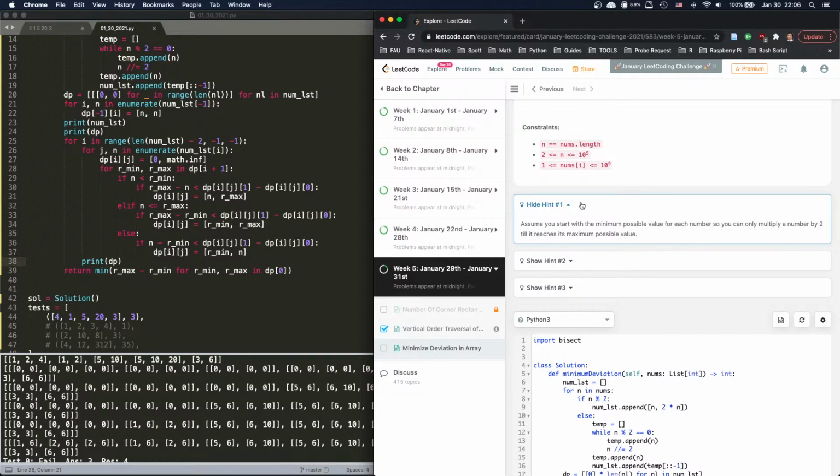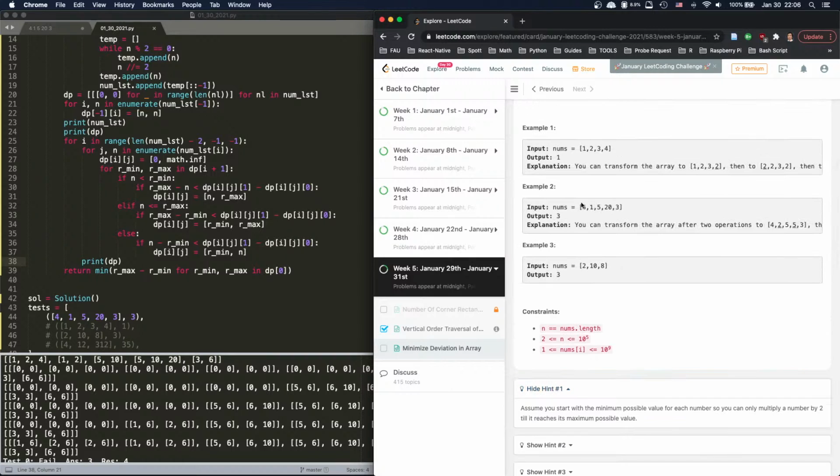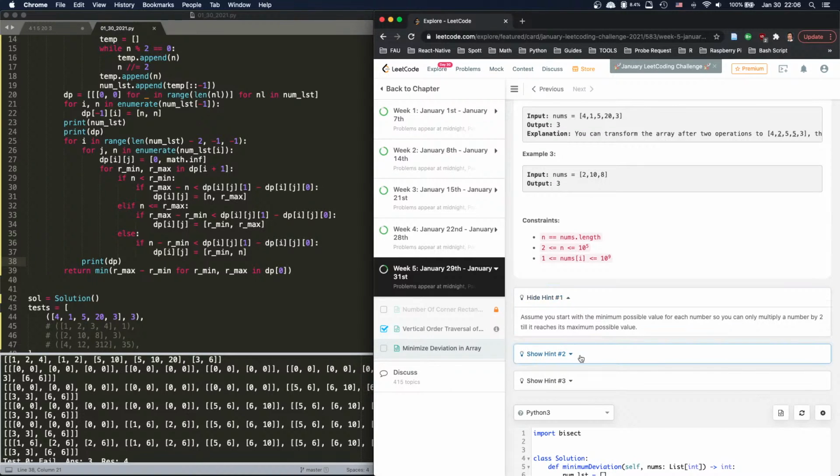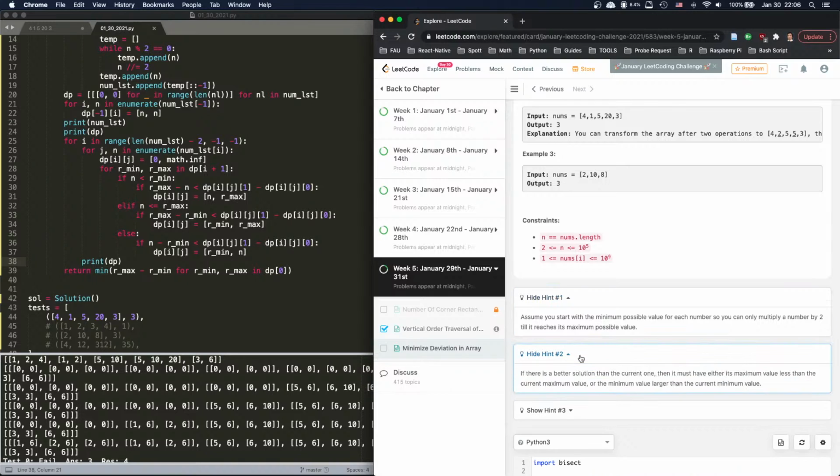Assume you start from the minimum possible value. Okay. If there is a better solution than the current one, you must have either a maximum value less than the current maximum value, or the minimum value larger than the current minimum value.